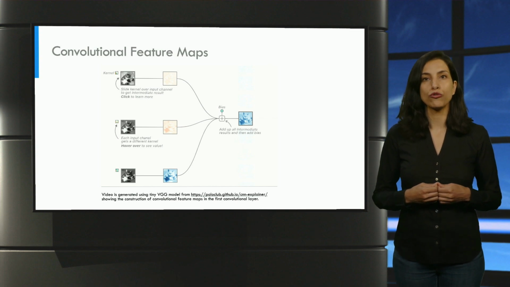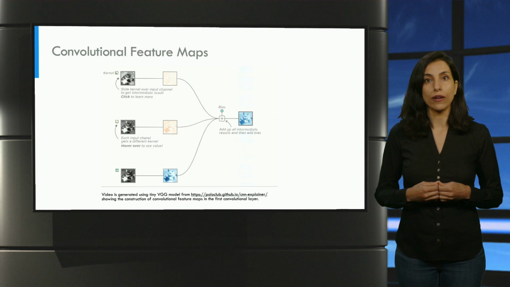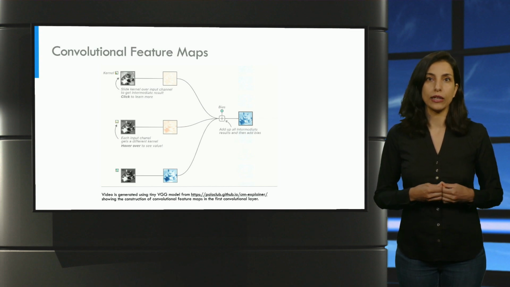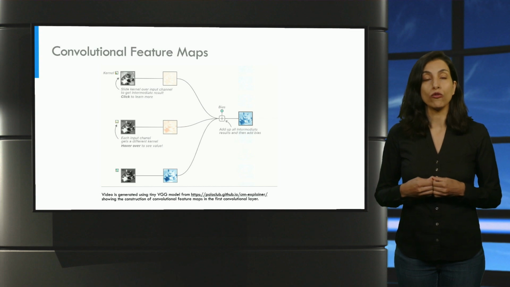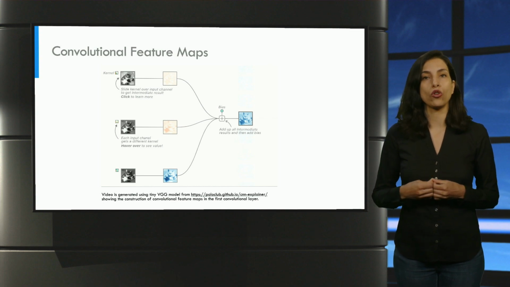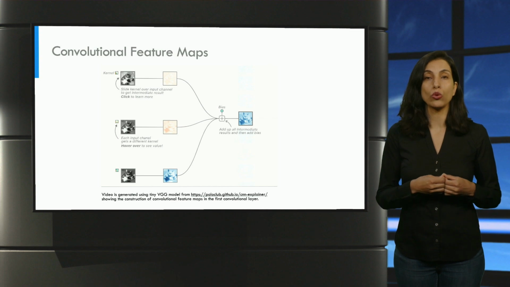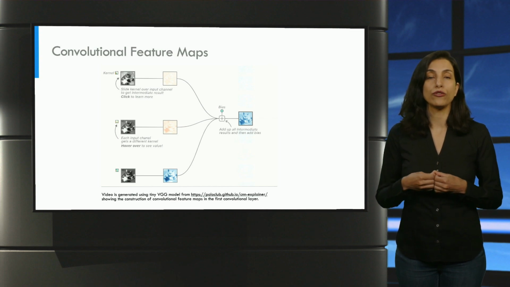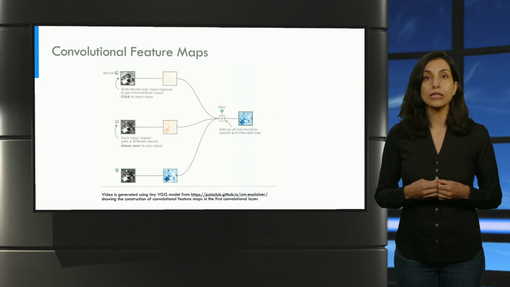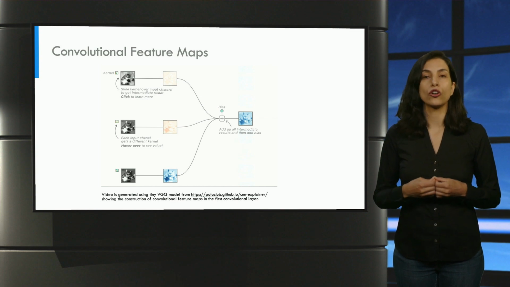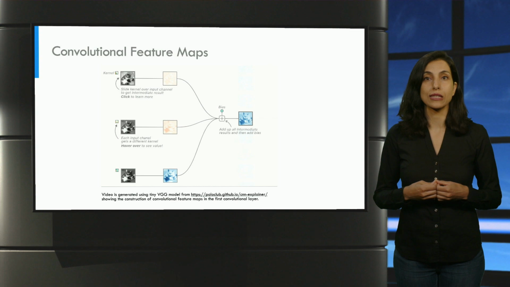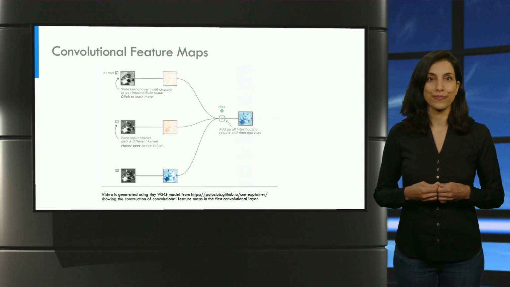In contrast to a fully connected layer, where every node at the output is connected to every pixel in the input, here, in the convolutional layer, only a small window of pixels is contributing to a feature activation in a feature map. This is key to reducing the learning parameters as well as computational expenses for deep neural networks.